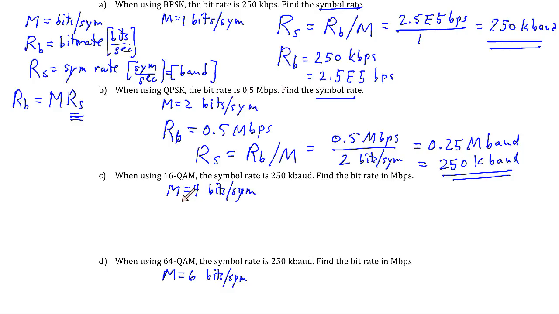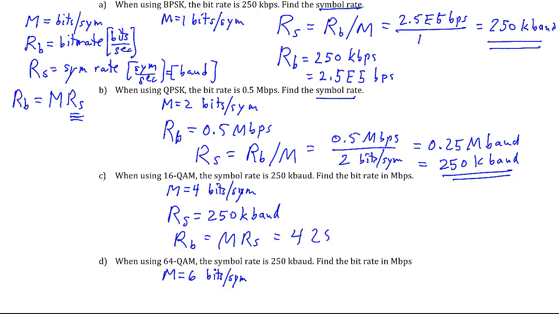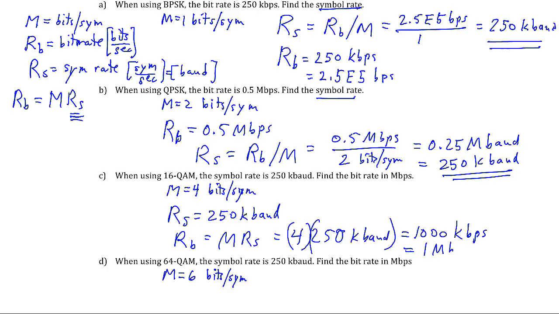When M is 4, let's see, RS is given as 250 kilobaud, and therefore RB is M times RS, which is 4 times 250 kilobaud. 4 times 250 is 1,000, and instead of kilobaud now it turns into kilobits per second, and 1,000 kilobits per second is 1 megabit per second.